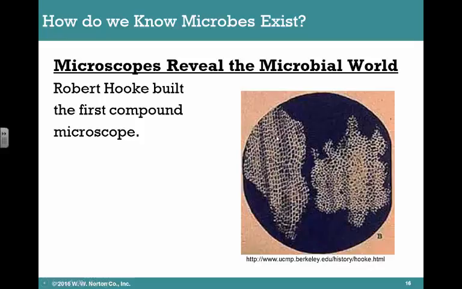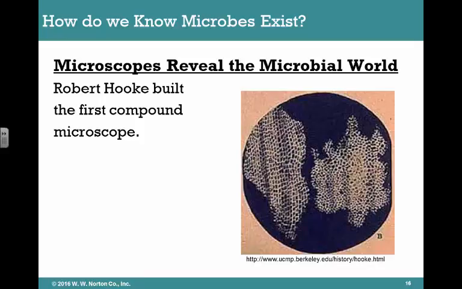And you could see these regularly repeating boxes that he noticed in other organisms, especially obvious in plants. And these he called cells because they reminded him of the small compartments that monks lived in monasteries.